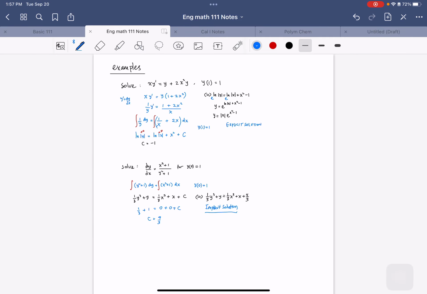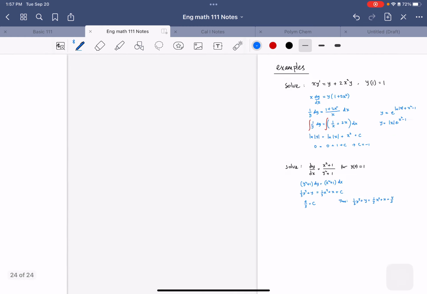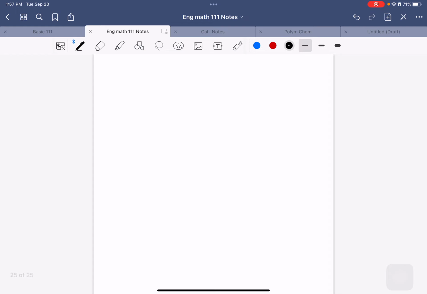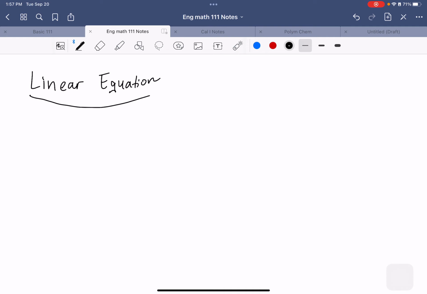Okay, so the next part. Oh, this is my example here. Okay, let me write. The next section is what we call the linear equations. So linear equation when the order is 1, the first order.